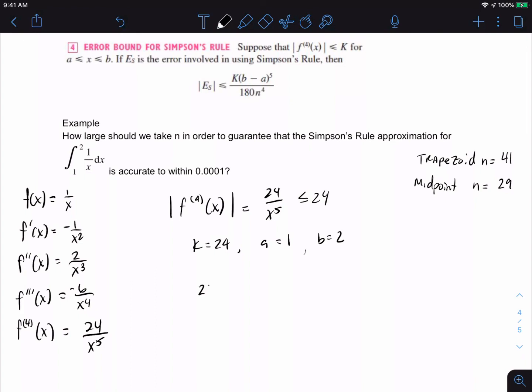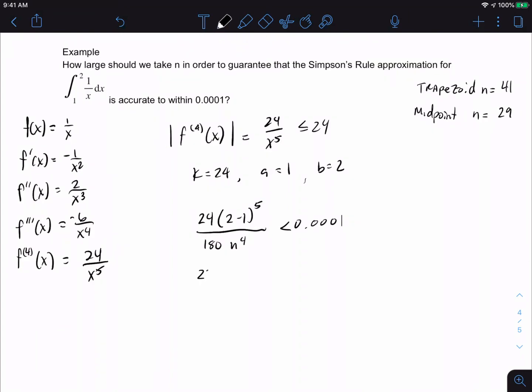So then from here, applying the rules, I'm going to get 24 times (2 minus 1) to the fifth over 180 n to the fourth should be strictly less than 0.0001. Okay?